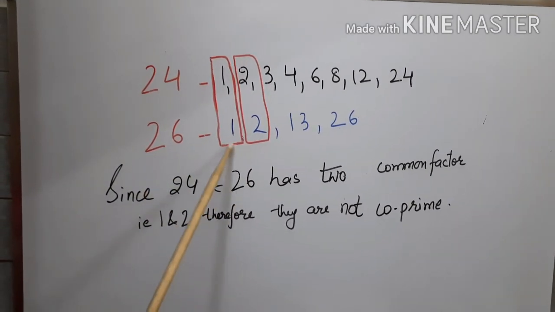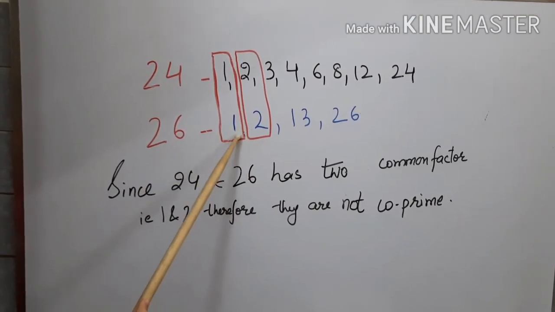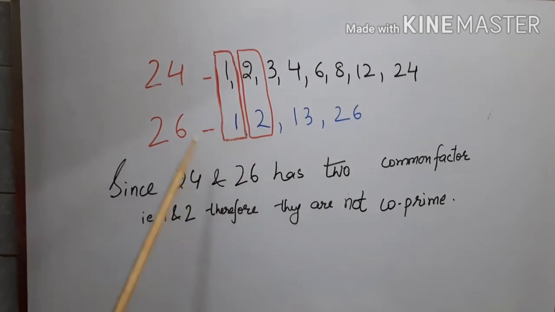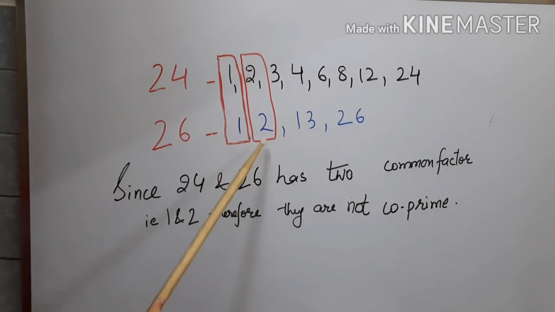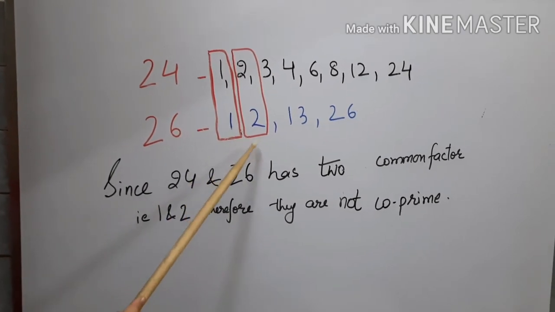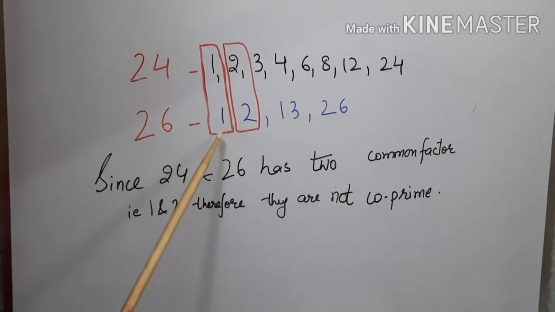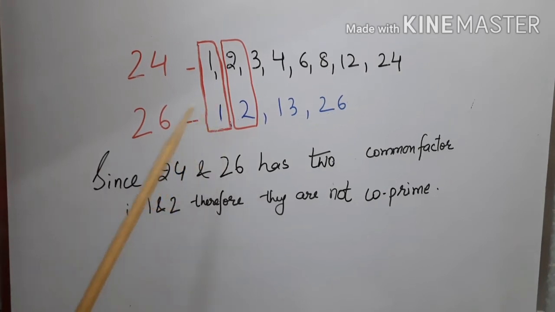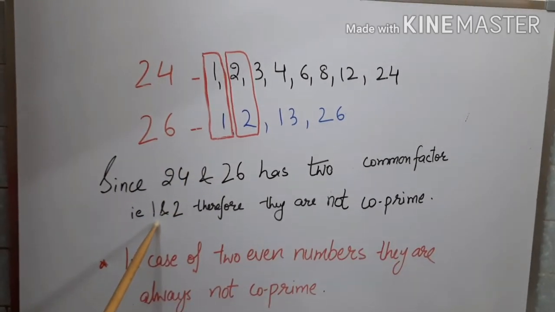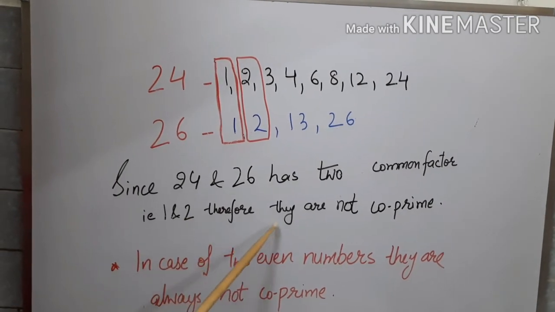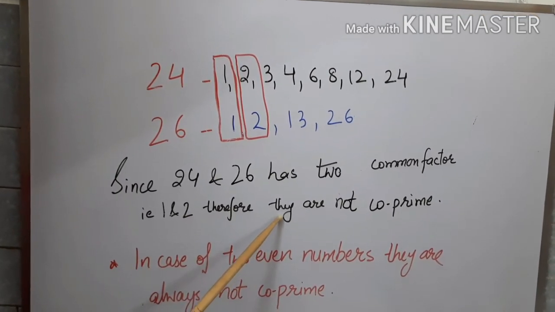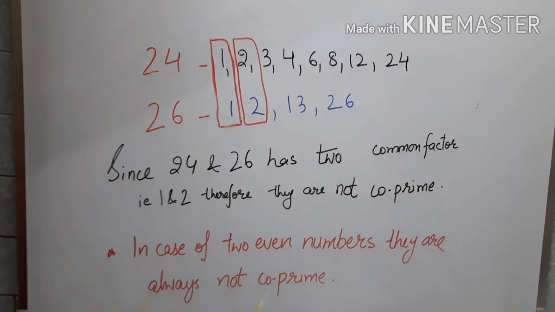But we notice they have two common factors, 1 and 2, because they are even numbers, so they always come in the table of 2. Therefore, these two numbers are not co-prime numbers. So in the case of 24 and 26, 1 and 2 are the common factors. Therefore, they are not co-prime.